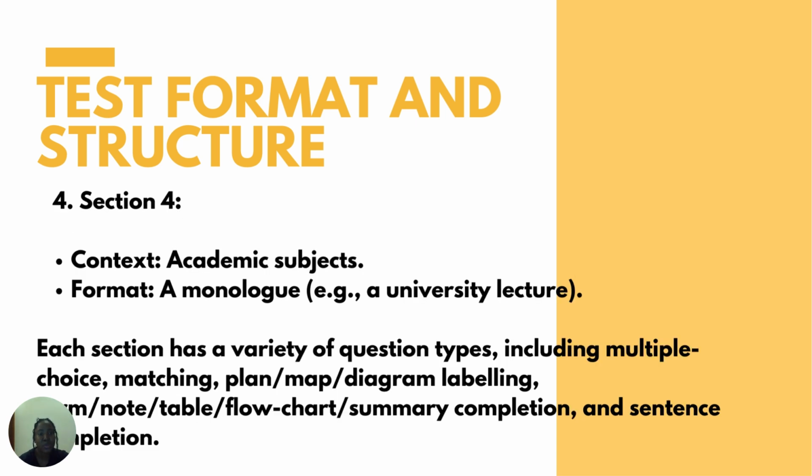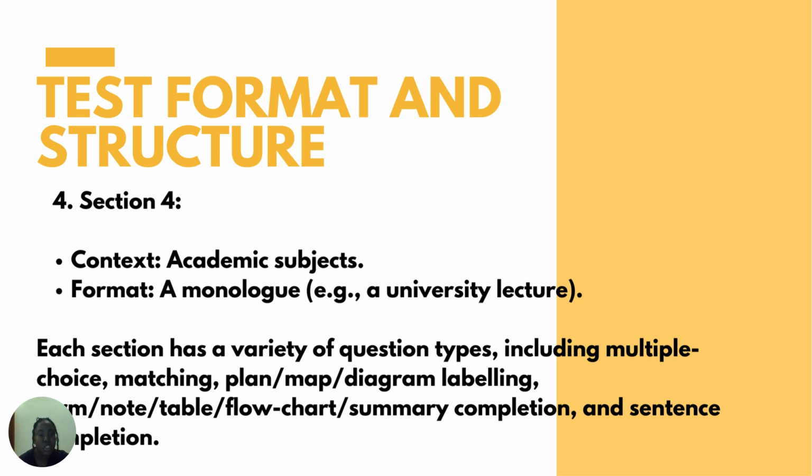And last but not the least is section four. Section four is also a monologue, one person speaking, and it's usually an abstract of a university lecture. So it's usually an academic subject and they use paraphrases a lot. Like we mentioned earlier when we were dealing with understanding the IELTS model, each of these sections has a variety of question types.